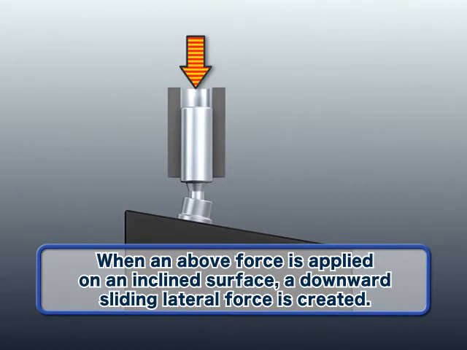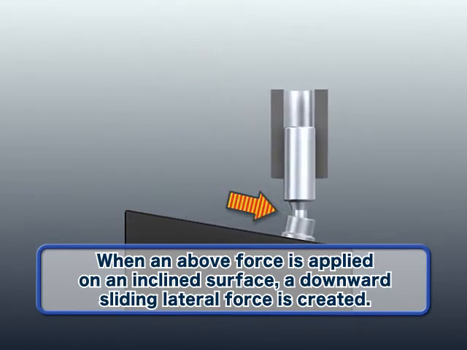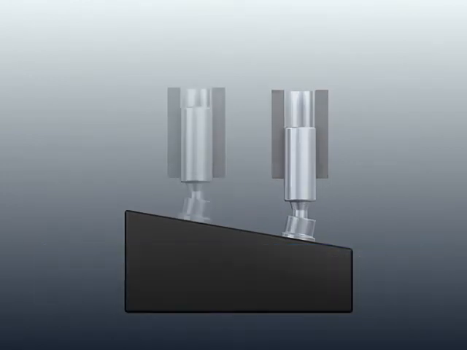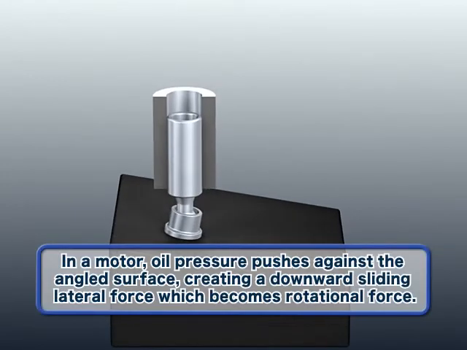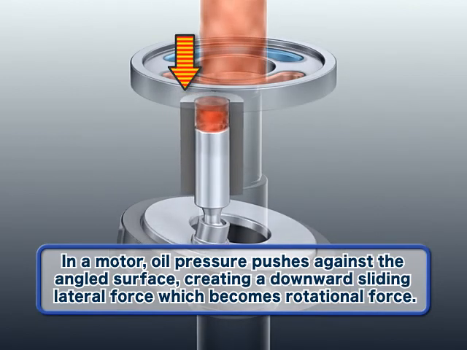In general, when a force is applied from above on an inclined surface, a lateral force is created, sliding the object downward. In a variable plunger motor, the pressurized hydraulic oil creates this lateral force by using the cylinder and plunger.